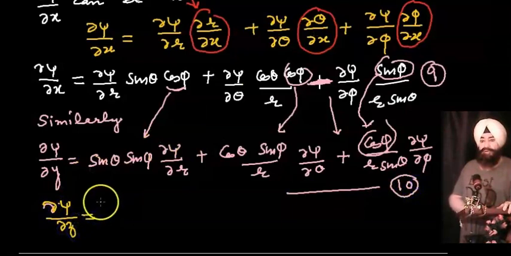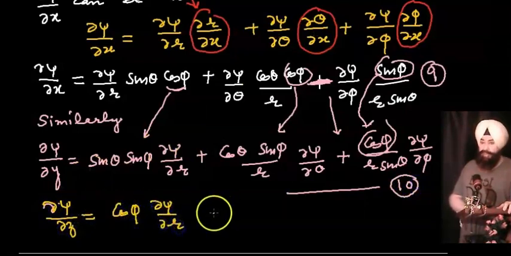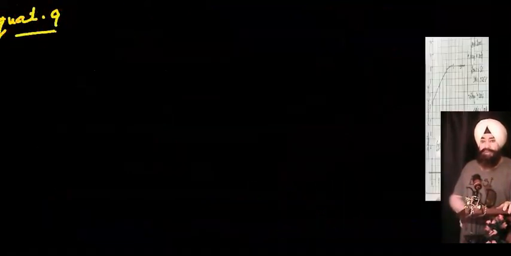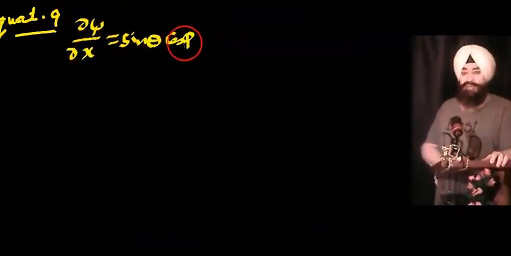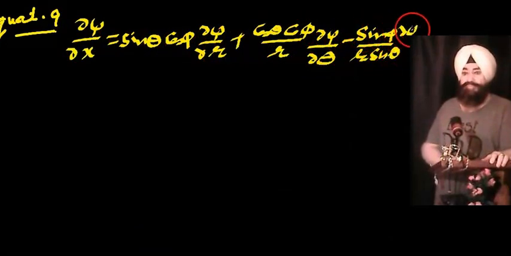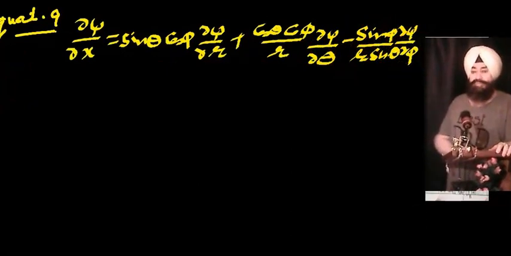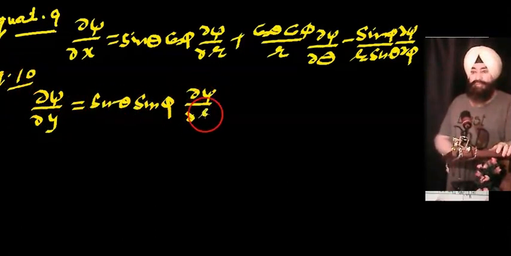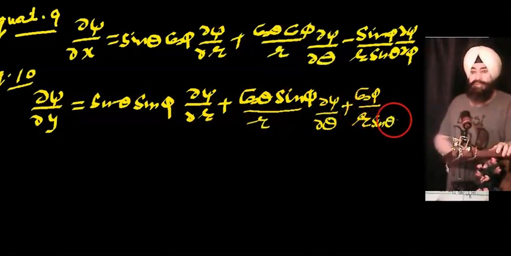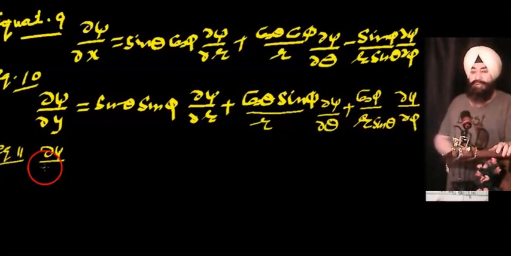So, again writing curly psi by curly z, it has only two terms. So this is equation 9, 10 and 11. Equation 9 was this, equation 10, and equation 11.